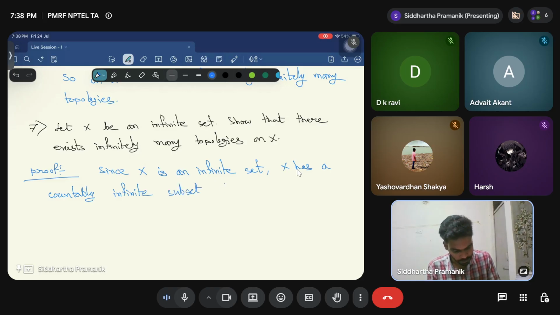Let's say x1, x2, maybe up to xn, such that n belongs to the natural numbers. Okay, we can do that, right?